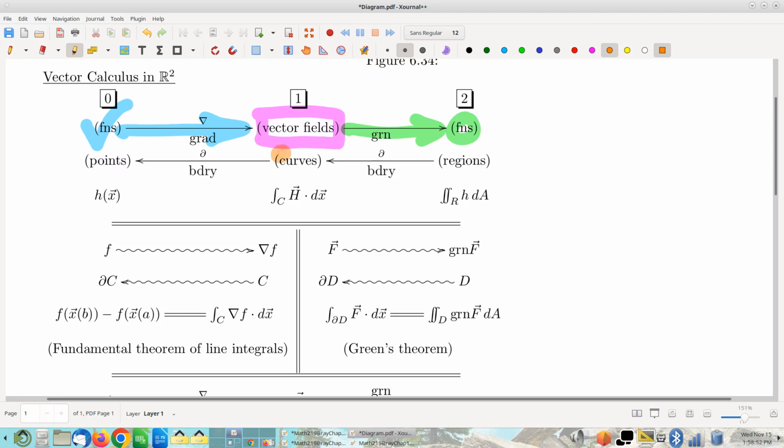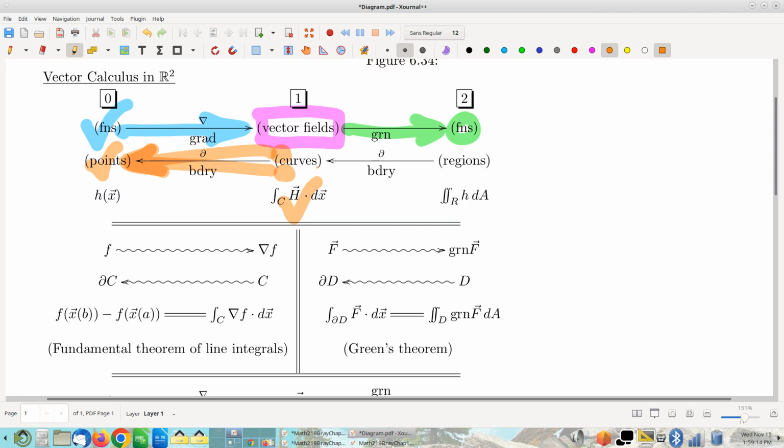If I have 2 curves with the same boundary points, that's how I draw that, then they will give you the same value of the line integral. So this is my little diagrammatic representation of path independence.